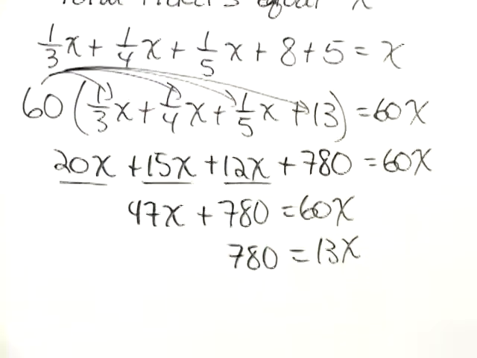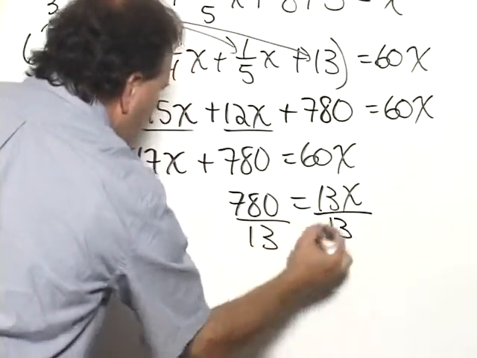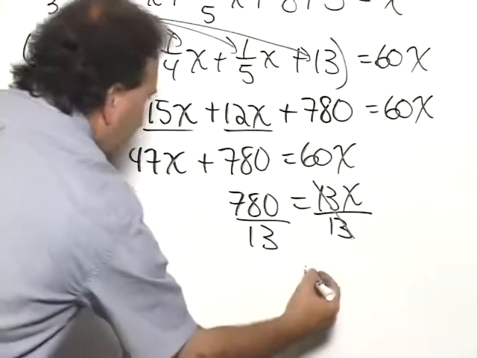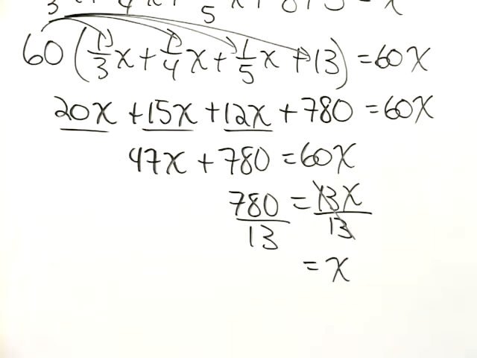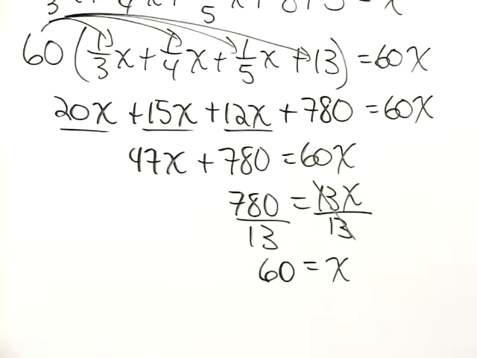Now we divide both sides by 13, which of course on the right-hand side simplifies to equal x. And when we divide 780 by 13, we get that x is equal to 60. So that should be the total number of tickets given away.